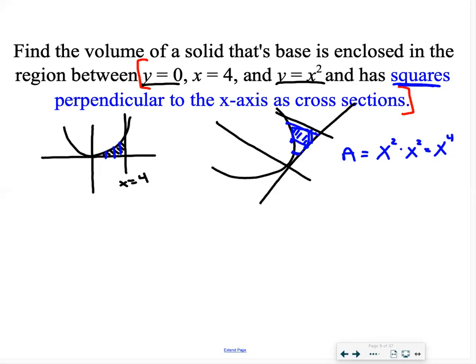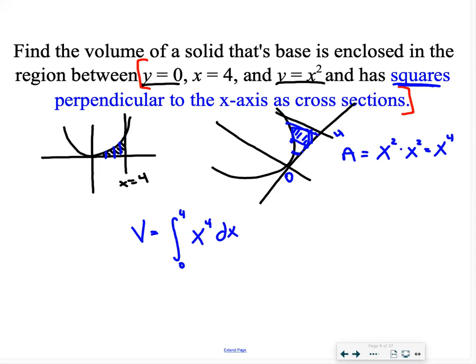This gives us the surface area of that square, but we want volume, so we want the depth of each one of those squares, which is going to be dx, because we're going in the x direction. So you would say volume is equal to the integral, and we're going from 0 to 4, of x to the fourth dx.